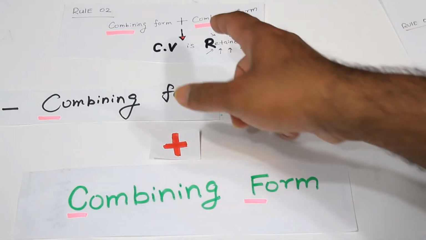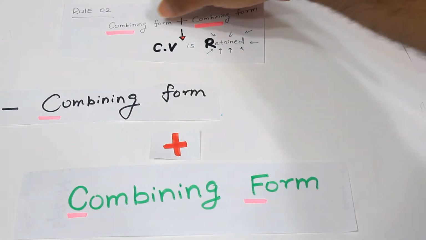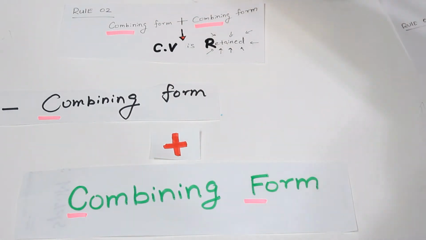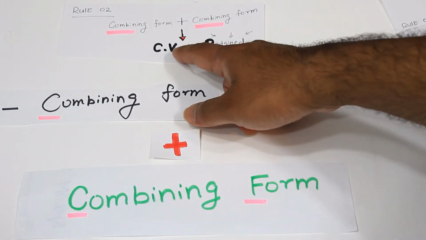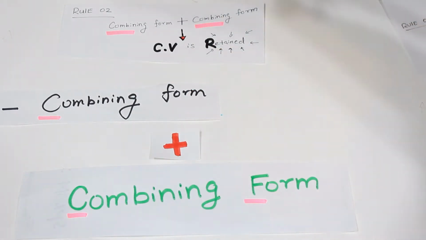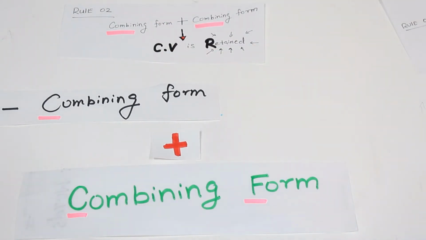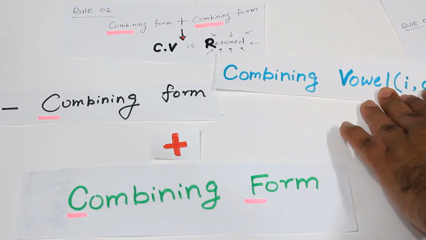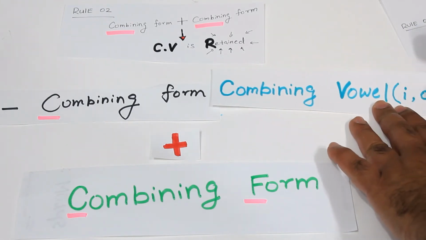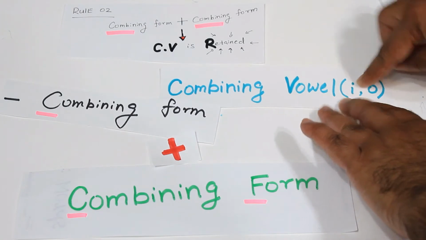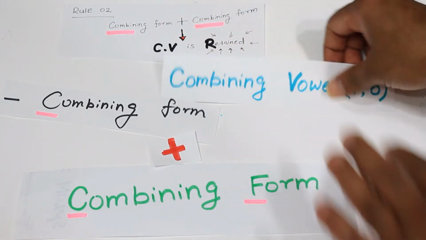But if you want to combine two combining forms, do you think the combining vowel is going to be kicked out? No, it will be retained. When a combining form joins a combining form, the combining vowel, I or O, is supposed to be retained. It remains.